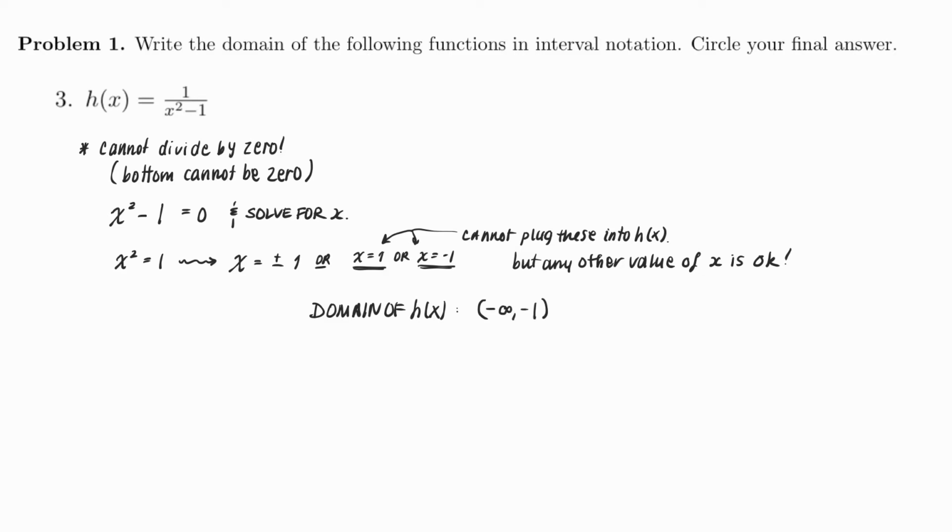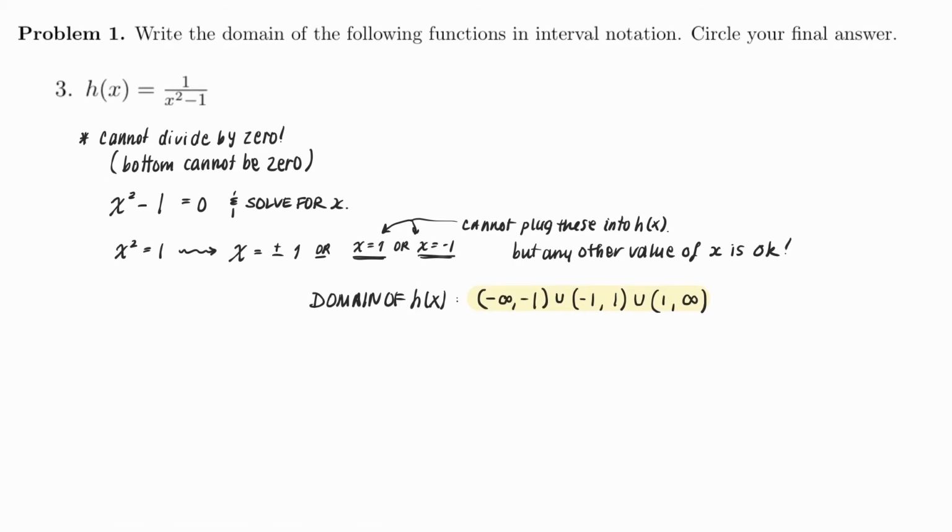So remember, I don't want to include negative 1. Union the open interval from negative 1 to 1, because I can plug in, for example, x equals 0. And so union the open interval from 1 to infinity. And this is going to be my final answer.